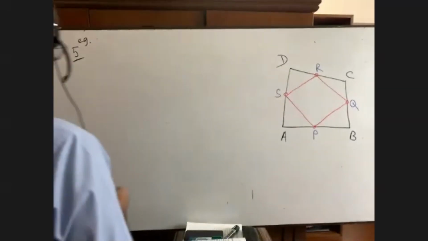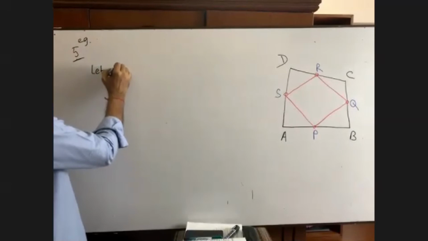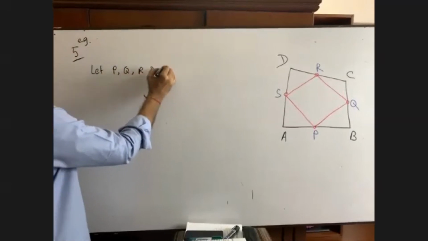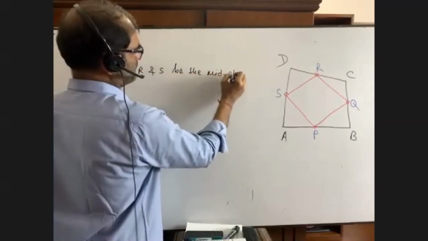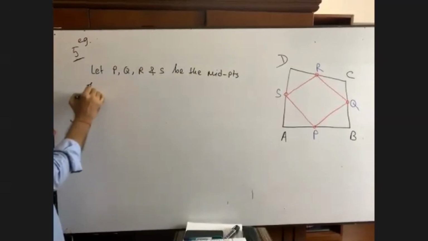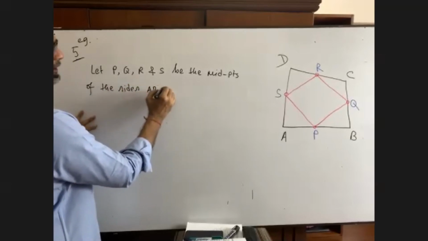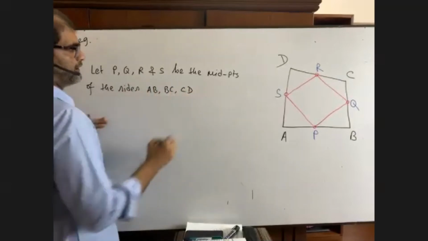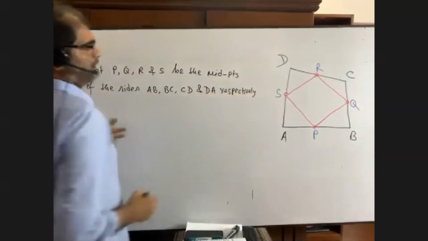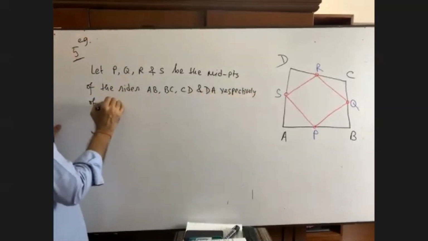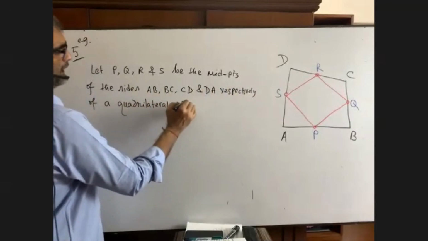Write down. Let P, Q, R, and S be the midpoints of the sides AB, BC, CD, and DA, respectively, of a quadrilateral ABCD.